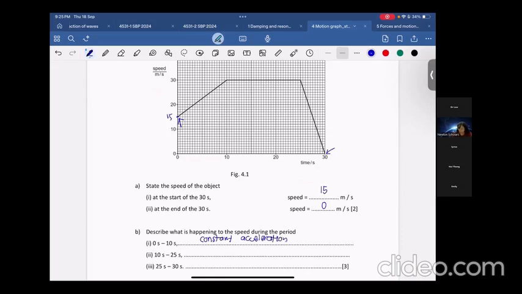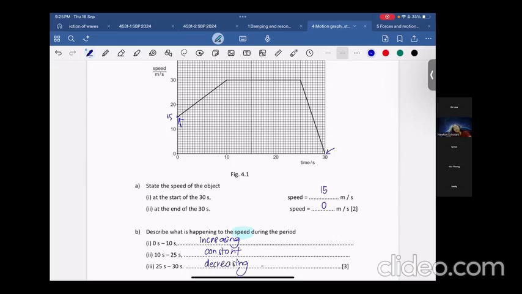Oh, okay. But they're asking about speed, so I need to talk about the speed. Here, highlight speed. Now they emphasize speed. So we say speed increasing. 10 to 25, we say constant speed. 25 to 30 is decreasing speed.